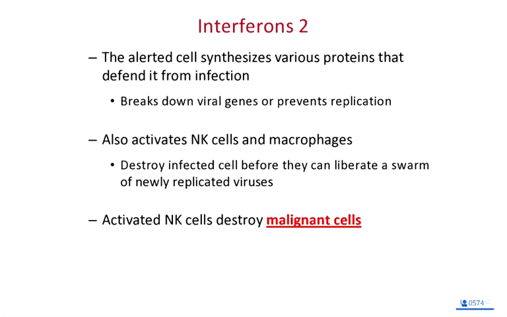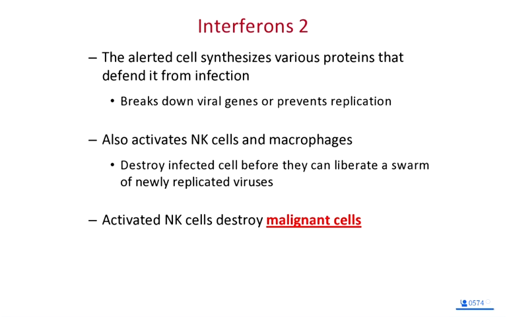So when we look at the interferon cascade in that process, once that alerted cell has received an interferon from the infected cell, the neighboring cell is able to better respond to viral infection. In particular, if the viral infection gets into the neighboring cell, that neighboring cell is better equipped to chop up the viral DNA or RNA and keep the virus from reproducing.